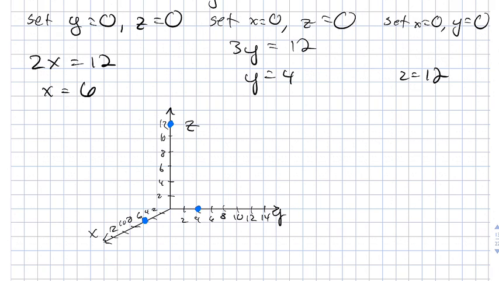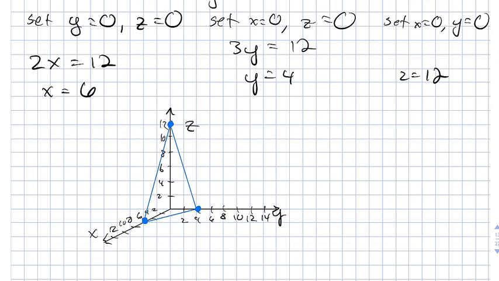We just want to consider the plane that contains those three points. It's the plane that contains this triangle. And again, it's a plane, so it just goes on forever, but essentially that's what it is.